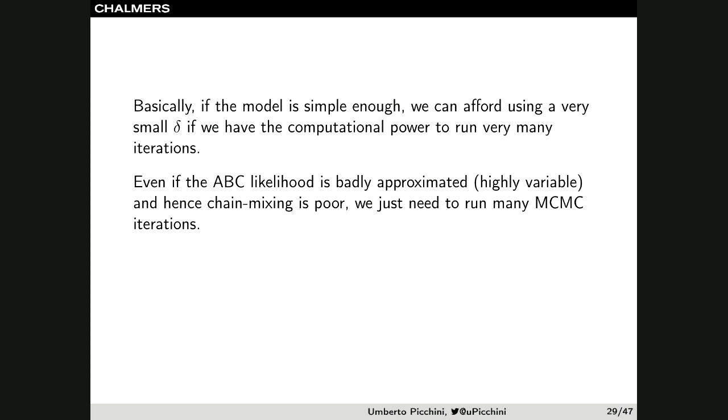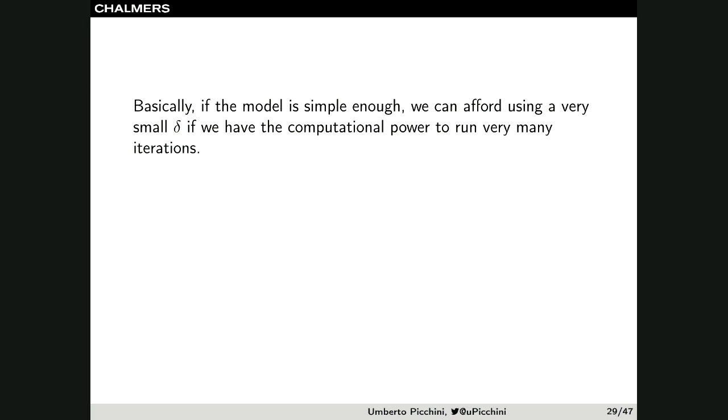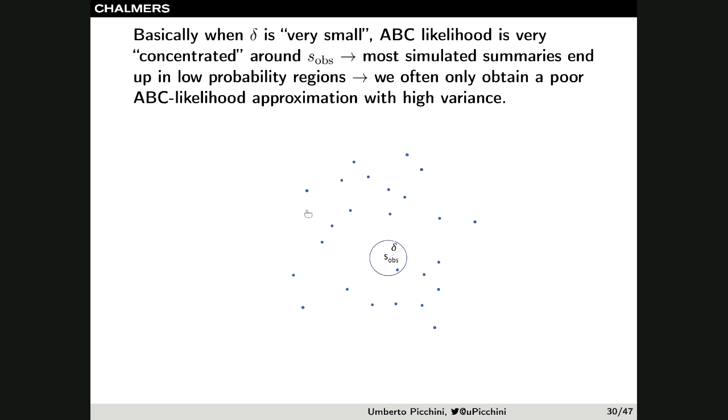I think I skipped some slide. No. Okay, so what happens if you have a very small delta, which is what we usually want to do in ABC to obtain accurate inference? Well, if delta is very small, the ABC likelihood is, of course, very concentrated around your observed summaries, which means that most summaries will fall far away from the observed ones, and therefore will fall far away in the tails, which means that you will obtain a poor ABC likelihood approximation with high variance.